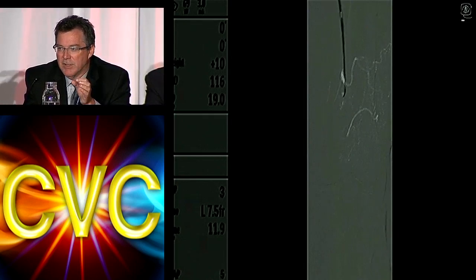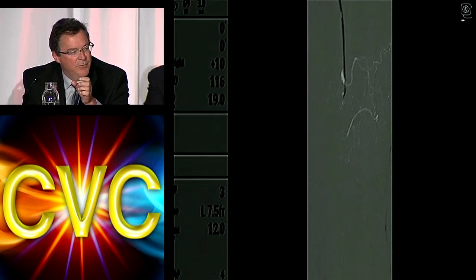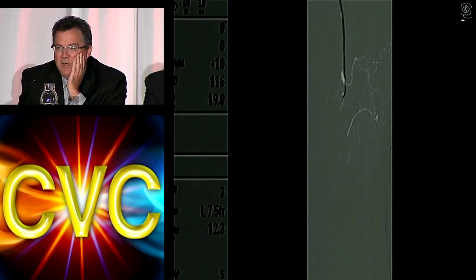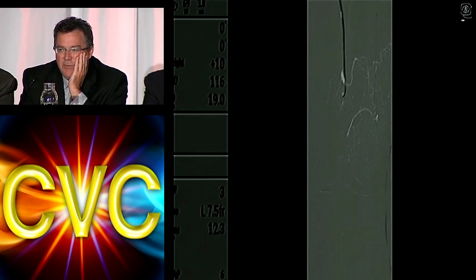I certainly like a lot of the Asahi type wires for this. The nice thing about it is, as you go down through that vessel, if you go into a subadventitial space, you can leave your wire there and go through one of the other 2 ports to get into a different spot, so you're not constantly going into the same dissection plane that you just created. So it gives support, and it's another unique way of trying to wire these.